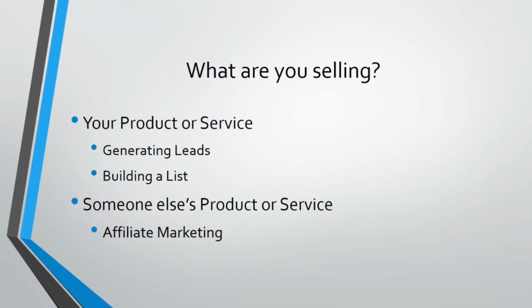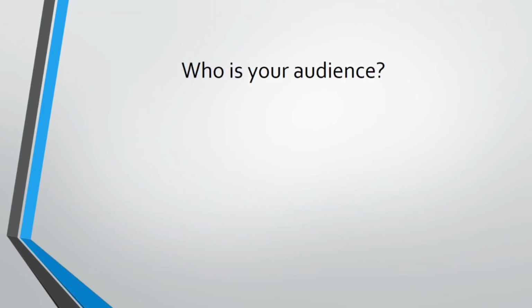So I want you to pick and choose, because I'm going to hone in on number one, your own product or service, or number two, somebody else's product or service. So we have affiliate marketing and we have cost per action, which means that people get paid for sending leads. So for example, you could get paid every time somebody fills out a form or takes a specific action.